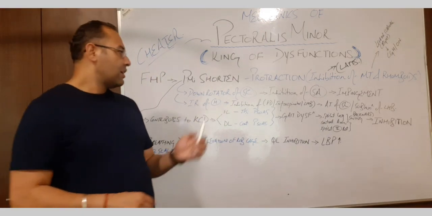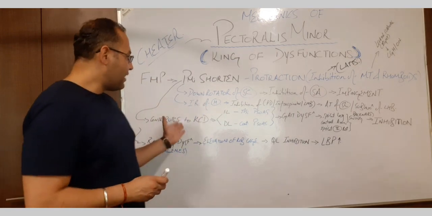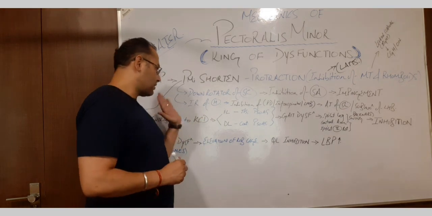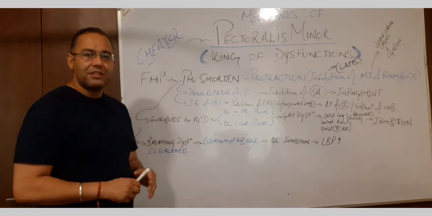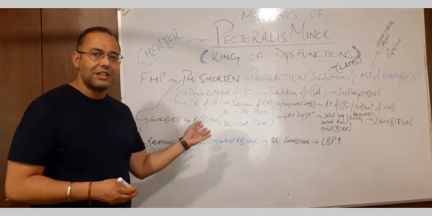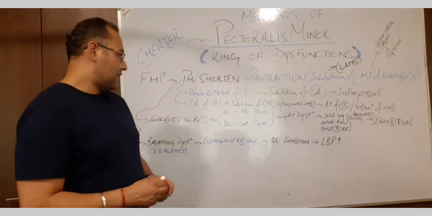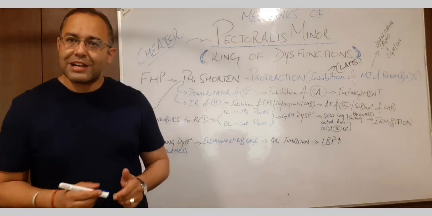Now, when pectoralis minor is tight, it works in connection with the frontal kinetic chain and inhibits it. So what will happen? The ipsilateral psoas is going to get inhibited. And when this pectoralis minor tightness combines with the diagonal kinetic chain or diagonal line, the contralateral psoas gets inhibited.